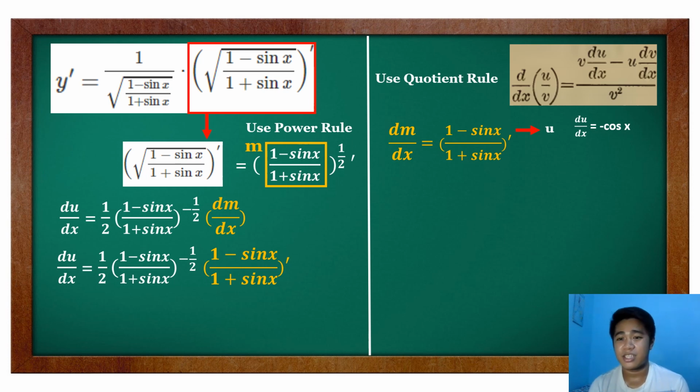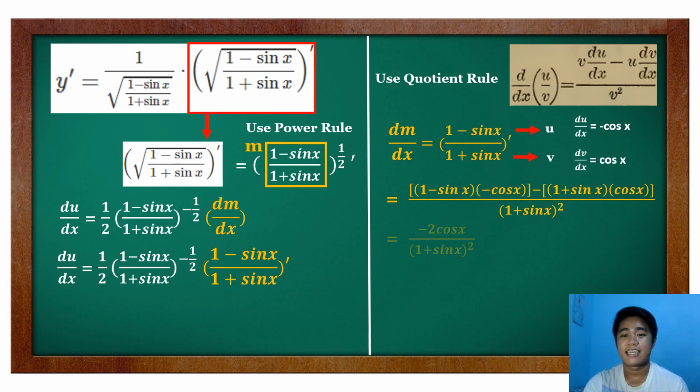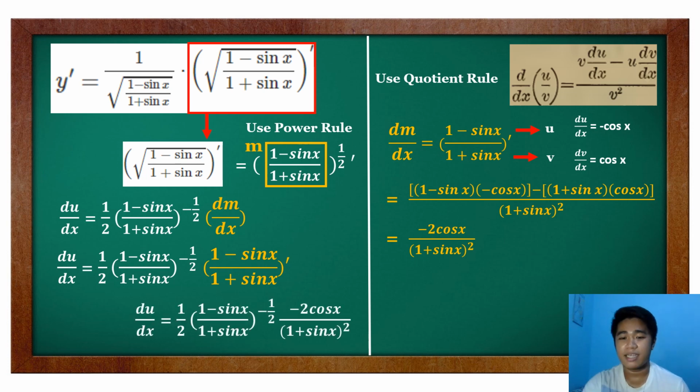The differentiation of that is negative cos x, because the differentiation of sine is cos, and we bring the negative sign there. Then our v is 1 plus sine x, and the differentiation of sine is cos again, so we have cos x as our dv over dx. We substitute that to our formula, and we get negative 2 cos x over (1 plus sine x) squared.